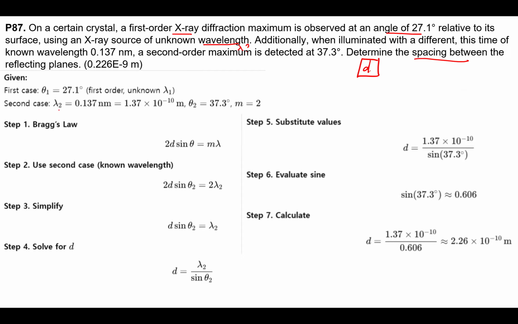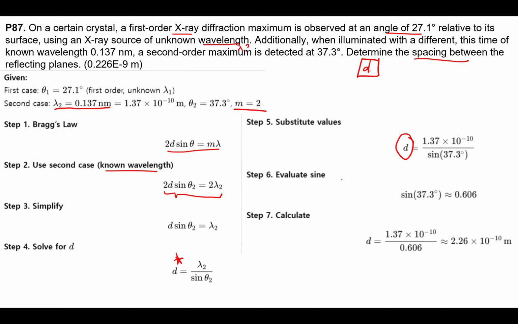And the second case, we have a known wavelength, but we have m equal to 2. Following Bragg's law, 2d sine theta equals m lambda, and for the known wavelength, we have this one. So d sine theta 2 equals lambda 2, so that we find the spacing. So d is now known.